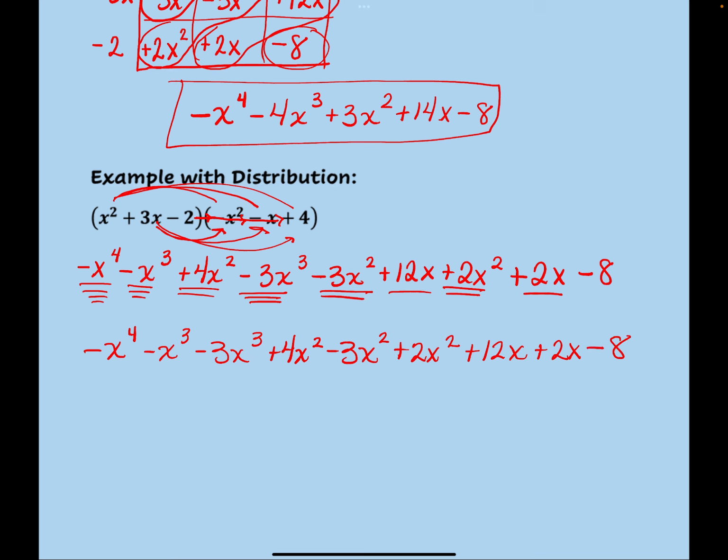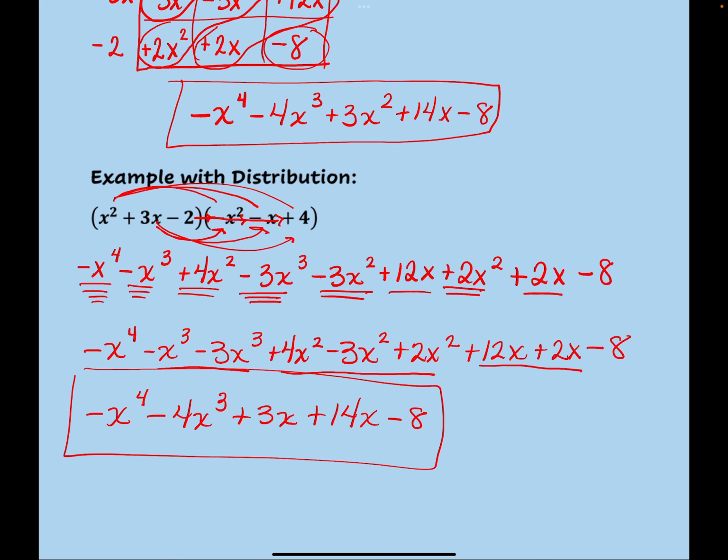Okay, now going ahead and simplifying this, negative x to the fourth, negative 4x to the third, 4 plus 2 minus 3 gives me 4 plus 2 is 6, minus 3 gives me positive 3x squared. 12x plus 2x is positive 14x, and negative 8.